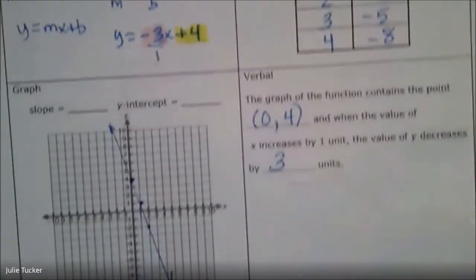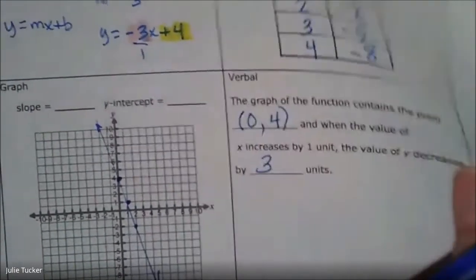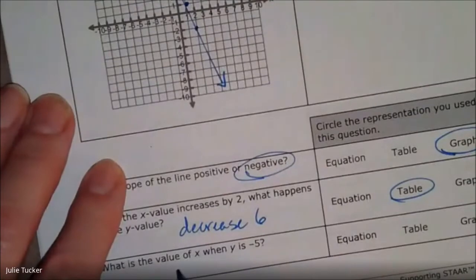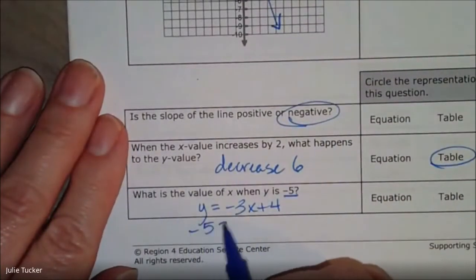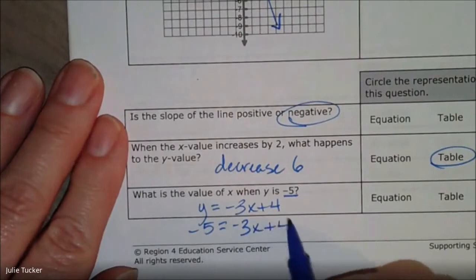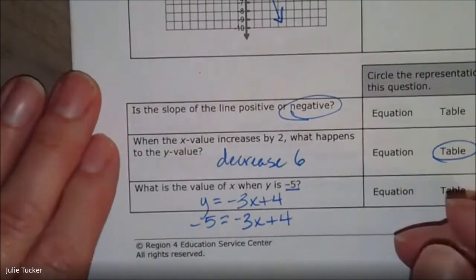Okay, so we're going to write y equals -3x plus 4, and we're going to put down -5 for y. Now what do I do?